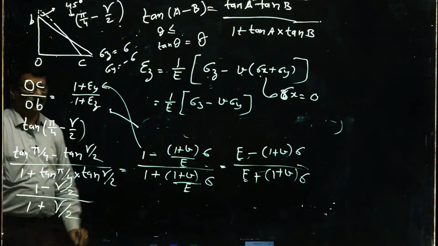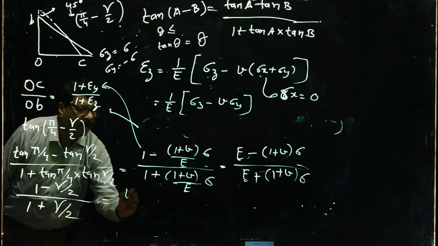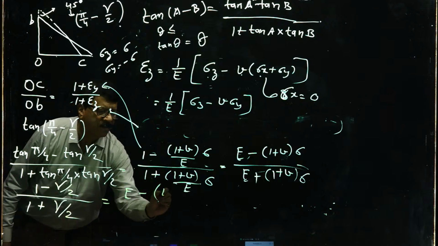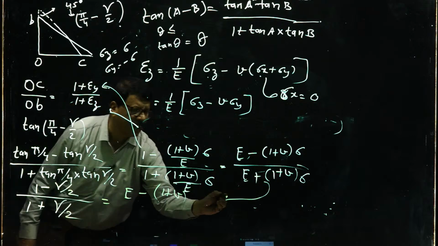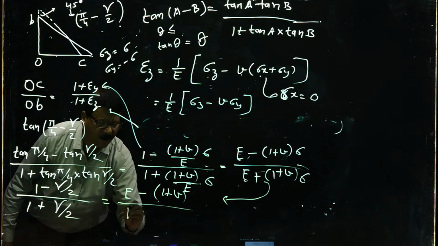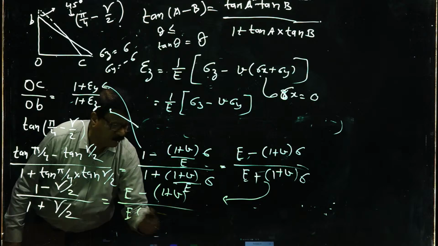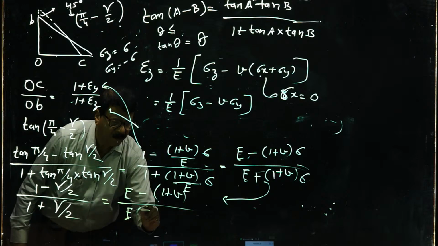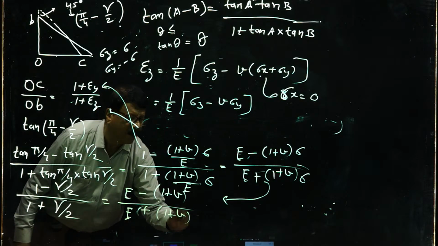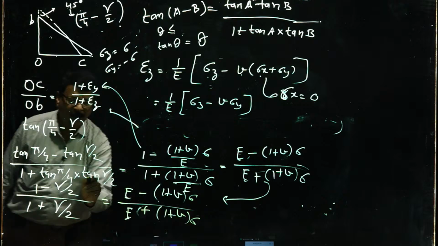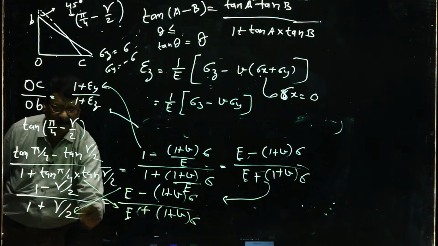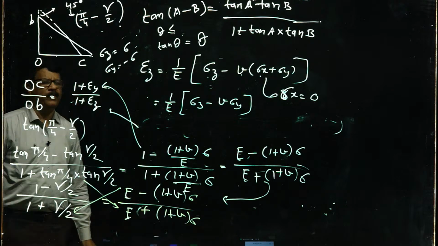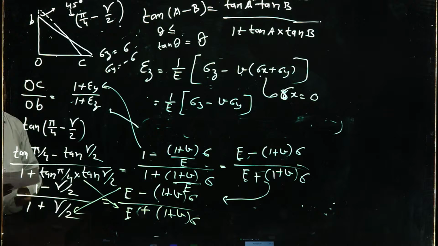Now this is equal to E minus (1 plus v) sigma upon E plus (1 plus v) sigma. This thing I am writing here. You cross multiply and give me the solution.